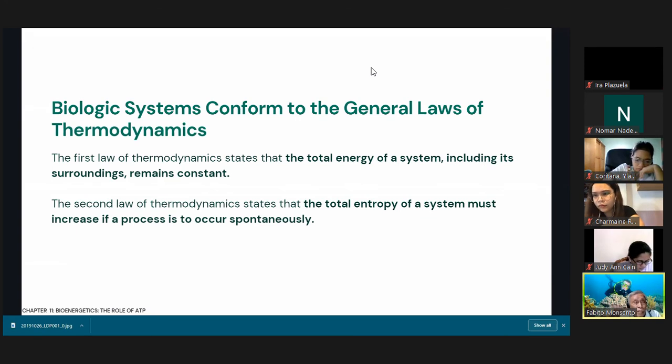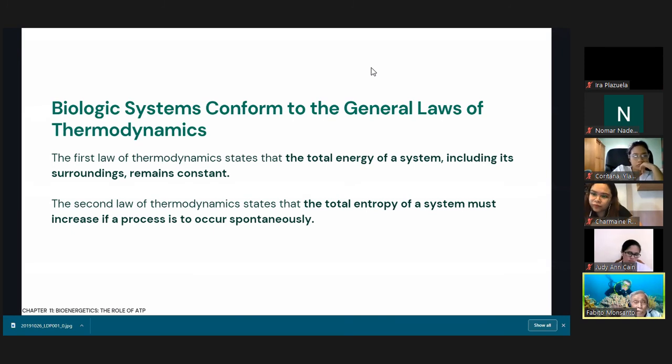So how can we understand this? Just imagine that you have a class, you are sitting down, you have your teacher in front of you, and because he is very strict, you do not even move in your seat, and you just listen to him. So that is an ordered entropy.